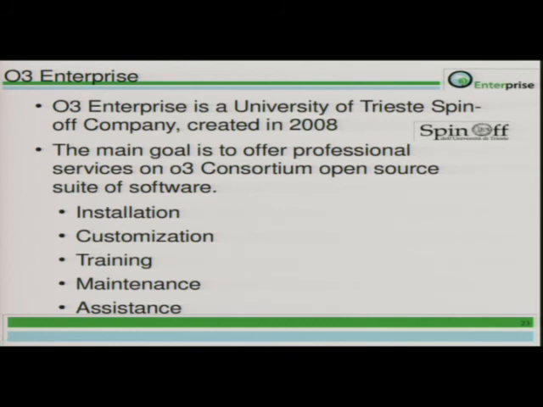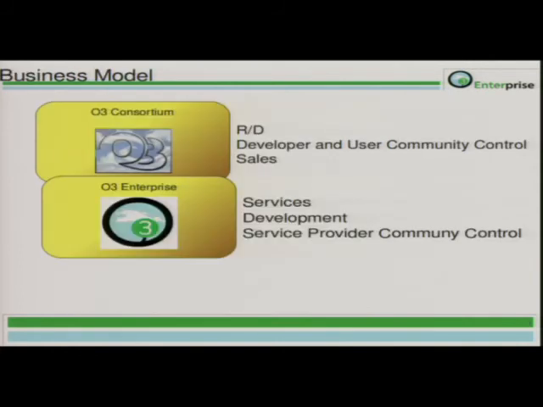And in 2008, we created the O3 Enterprise company with the goal of offering services, because offering services through a university project, through university staff, is very difficult. So the business model with those two entities, the university O3 Consortium and the company O3 Enterprise, is the one I'm showing in the presentation.